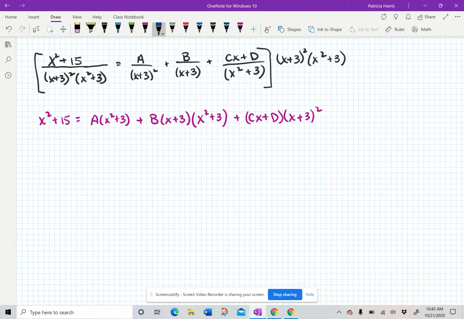Here we go. Gotta give myself a lot of room here. So first we'll multiply the A. Now we're going to multiply the B. This might take a bit.